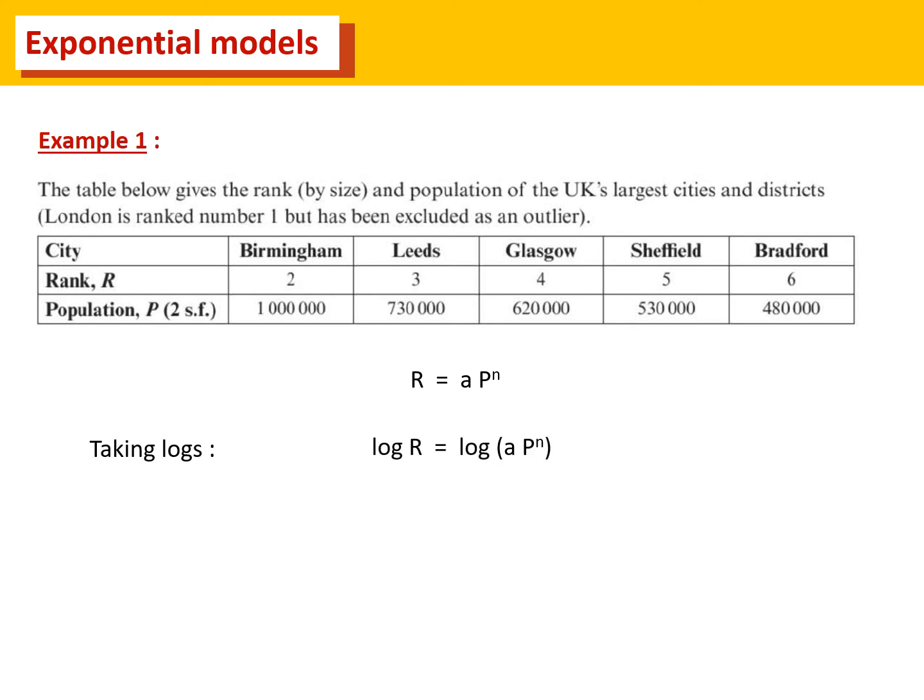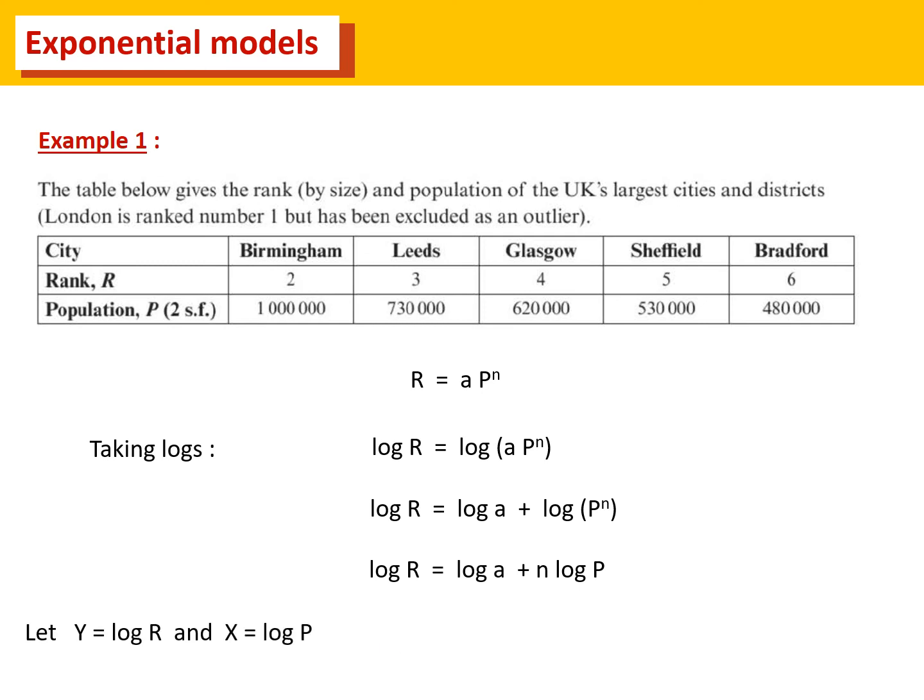Taking logs, we get that, which gives us that, and then using the power rule, bringing the power down, gives us that. So now what we want are values for log R, and we want values of log P. Okay, and we're going to form that straight line graph.